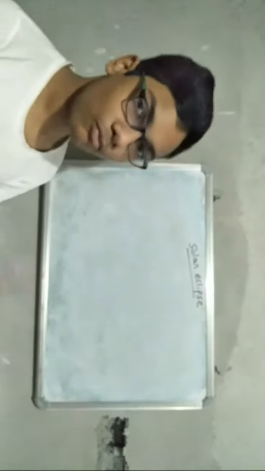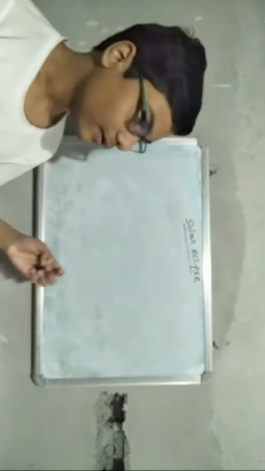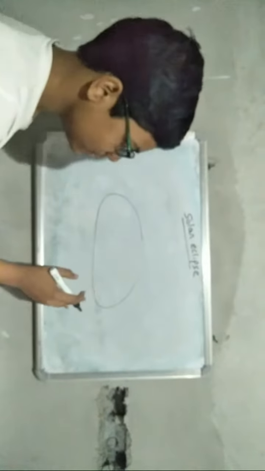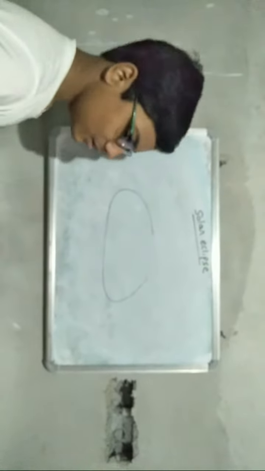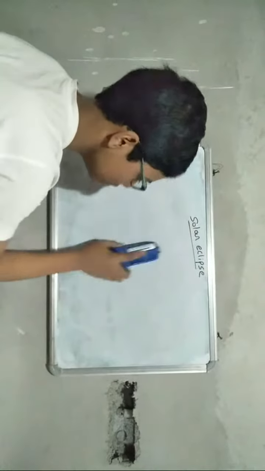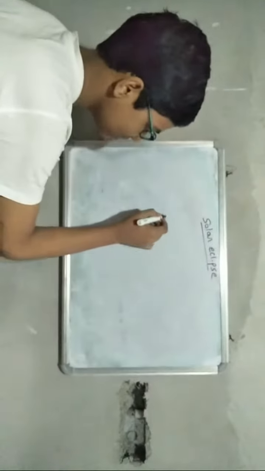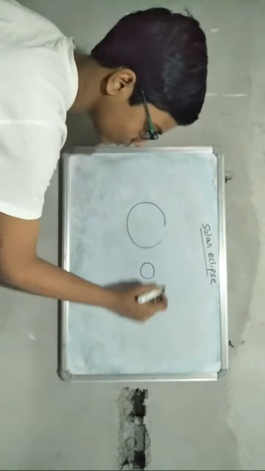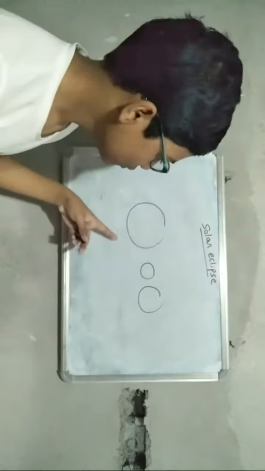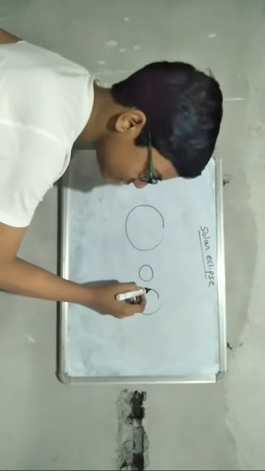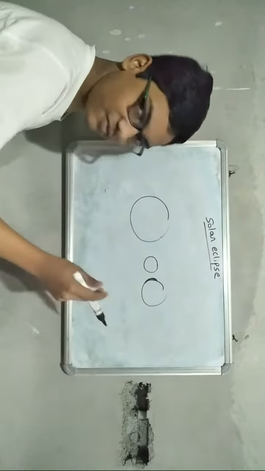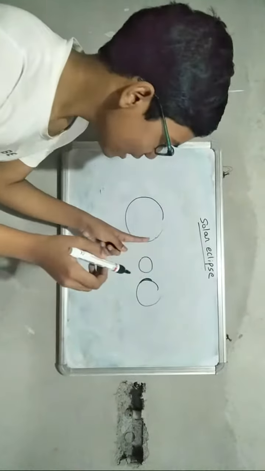In this phenomenon, the sun, the moon and the earth are on a path. In this orbit, all the planets rotate. So at a specific time, this happens: this is the sun, this is the moon, and this is the earth. This happens in this sequence, so that this part of the earth for a specific time cannot see the sun.